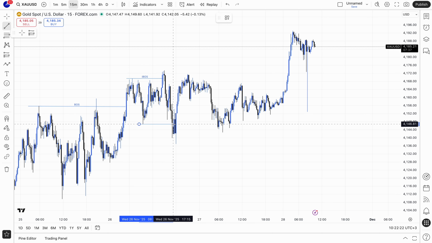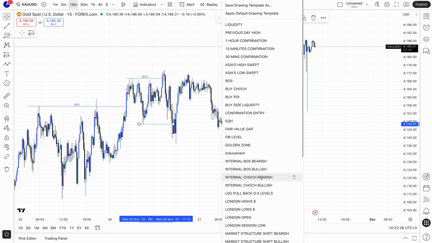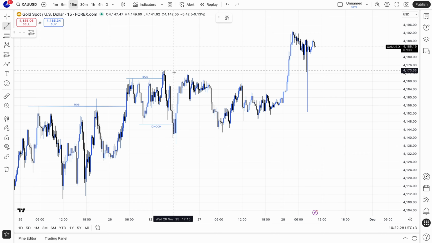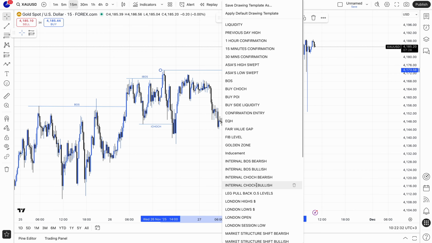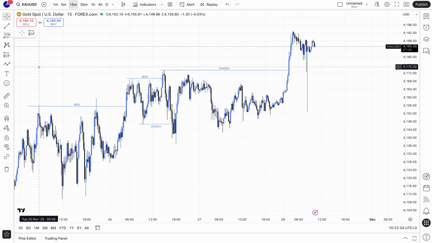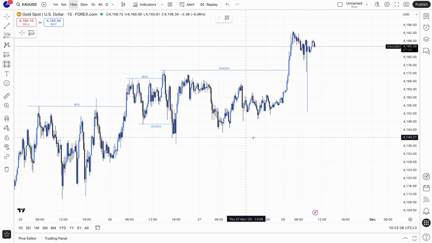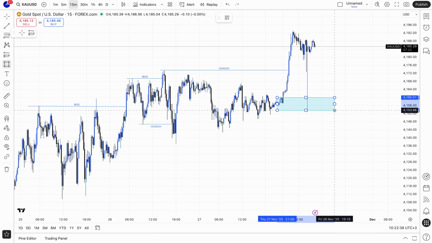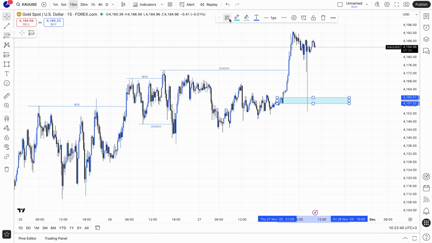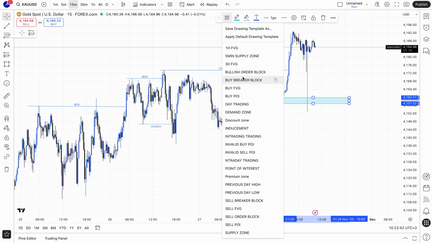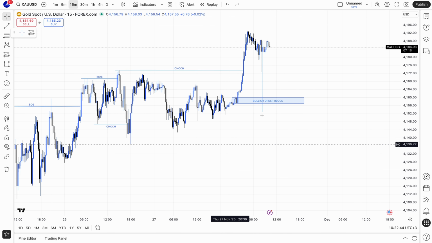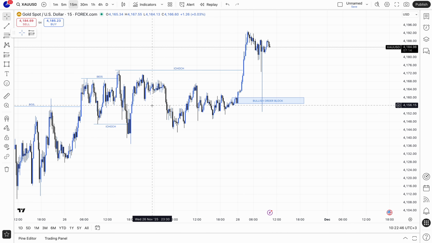Then you have a change of character to the downside. Then you have a break of structure to the upside, change of character to the upside. Then you had our demand zone here, and this demand zone was tapped, then the price went up.